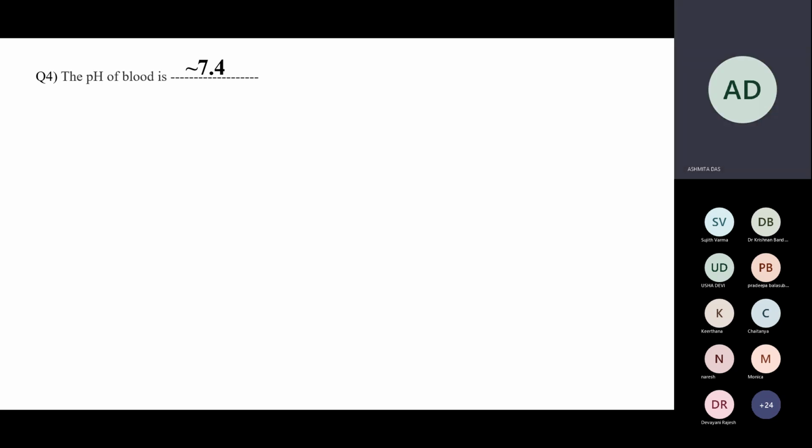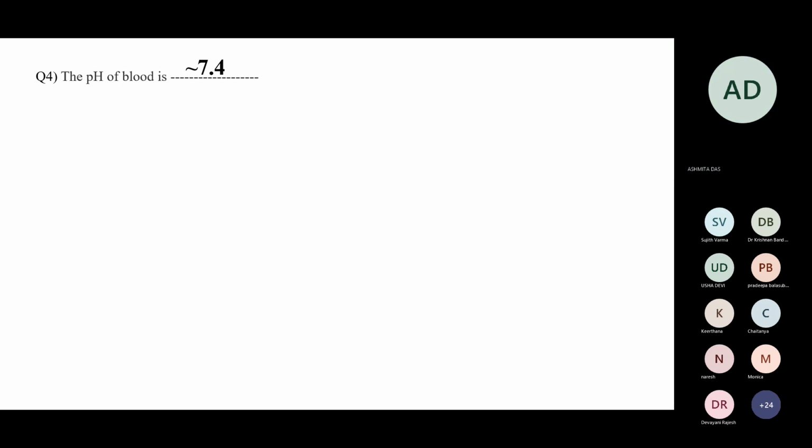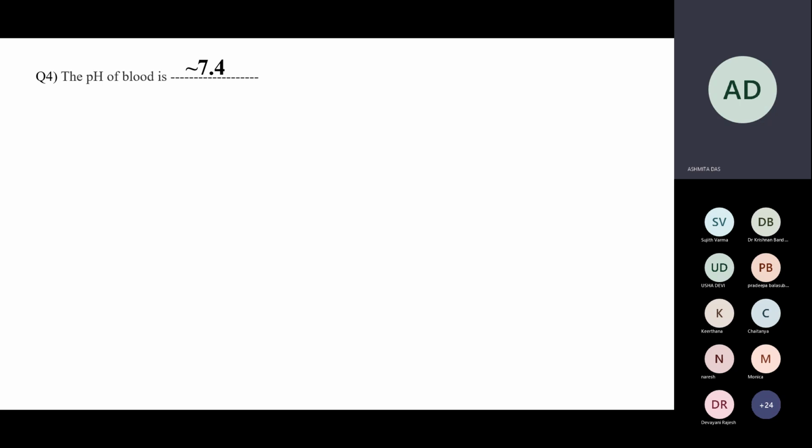If the pH is more than 7.45, the condition is known as alkalosis, and if the pH of the blood is less than 7.35, that is known as acidosis. It basically indicates the alkalinity and acidity of the body, and it is an indicator of good health.